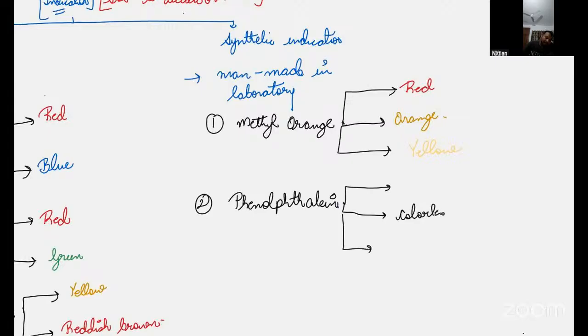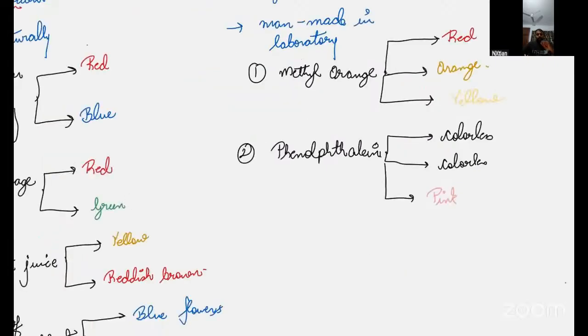In acid, it remains colorless, but in base, it becomes pink.